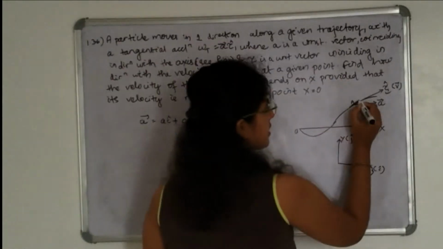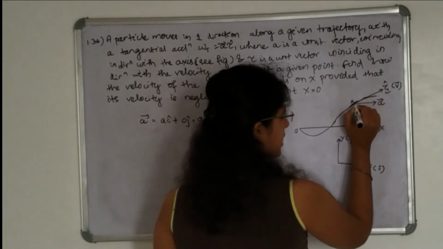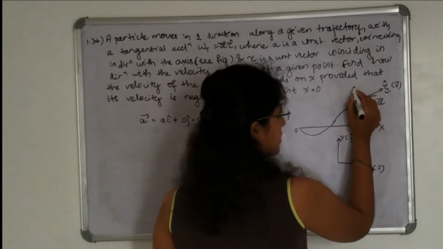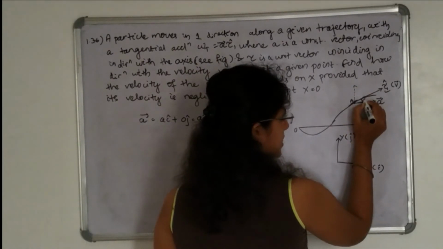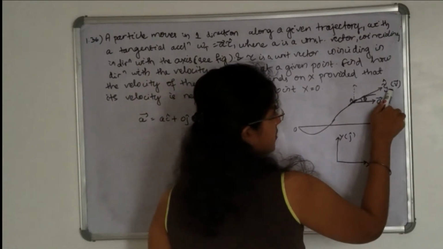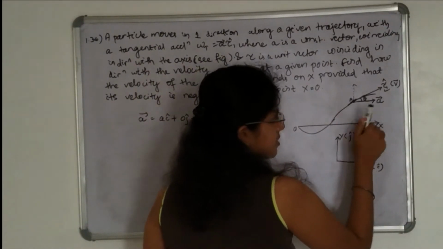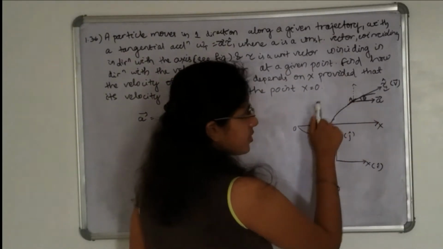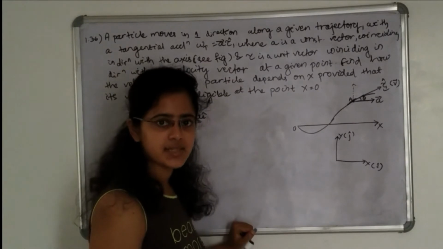That means if we resolve the component of tau cap in the horizontal direction and in the vertical direction, then we can see that, let us take this angle as theta. That means the component of tau cap in this direction is how much? Tau cap cos theta, and in this vertical direction is how much? Tau cap sin theta.